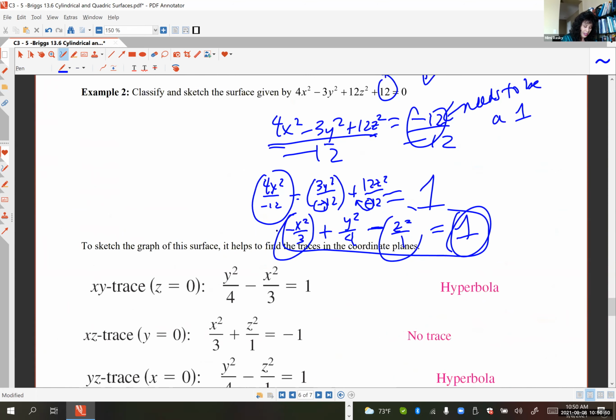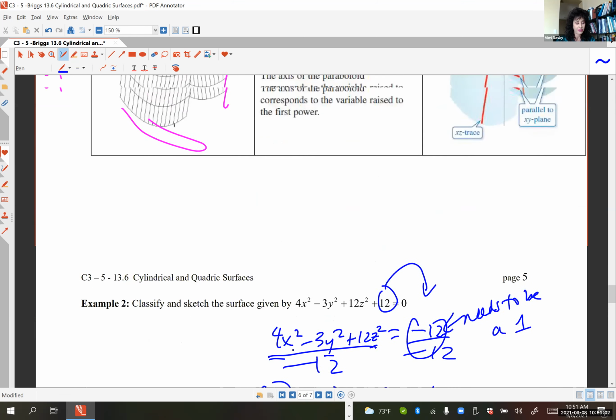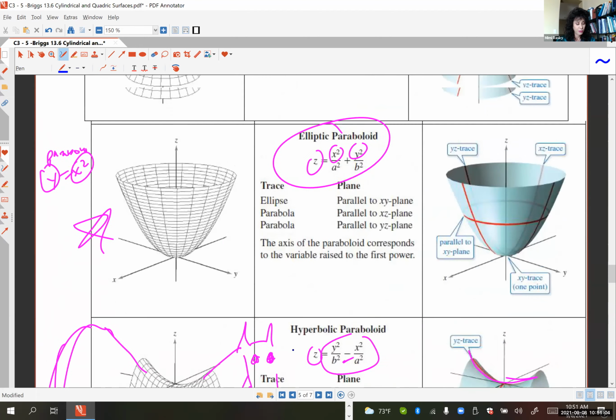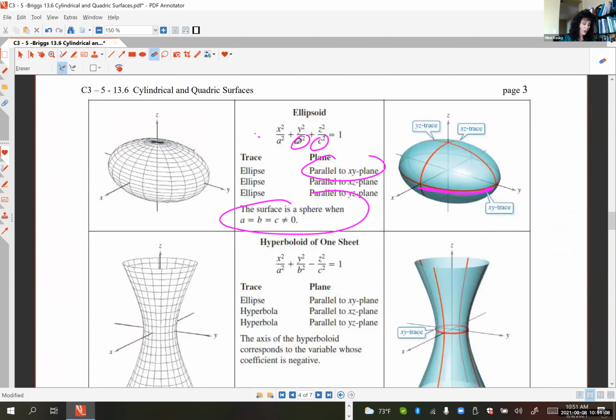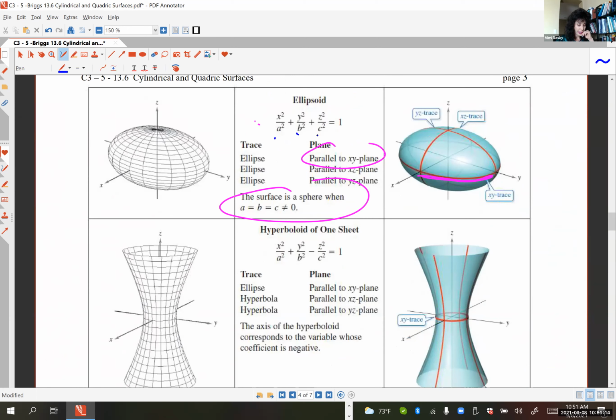You notice here I've got a negative in front of the x squared term and a negative in front of the z squared. So it won't be an ellipsoid. Ellipsoids like to have all of their x squared, y squared, z squared positive. Like check out that ellipsoid, that egg at the tippy top. Do you see his standard equation has everybody with a plus? I see. So is there something else where we have 2 negatives?